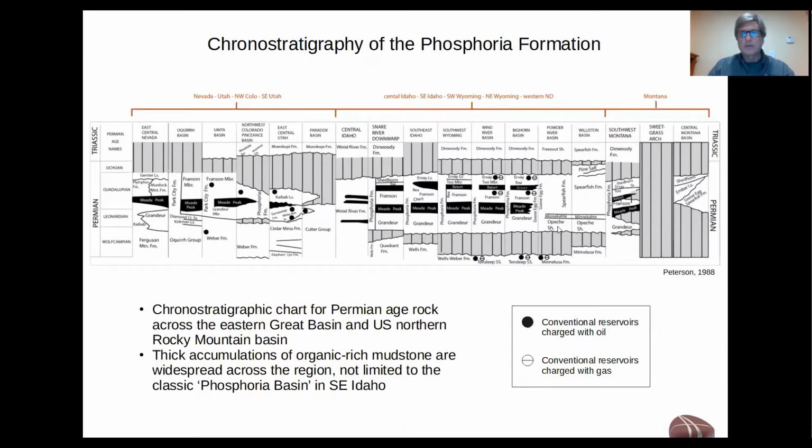So it includes a number of different members: the Grandeur, the Mead Peak, the Franson, the Retort, and so forth. Remember, the Mead Peak and the Retort are of particular interest to us in this webinar because these are the organic-rich phosphatic mudstones for which the Phosphoria is famous and for which its oil, for the most part, was sourced.